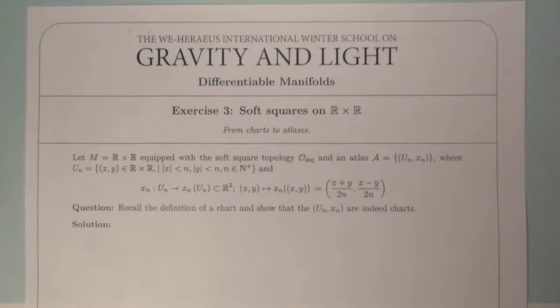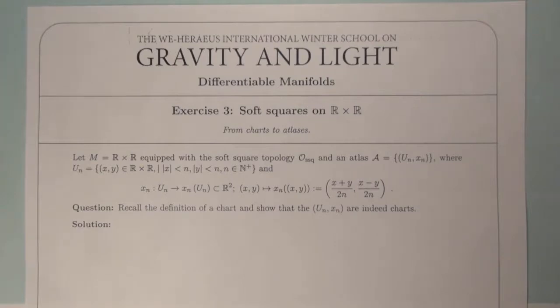Let's continue with the third exercise. That is an exercise on soft squares on R cross R. So we have a set R cross R, or R2, equipped with a soft square topology and an atlas A containing charts U_n, x_n.